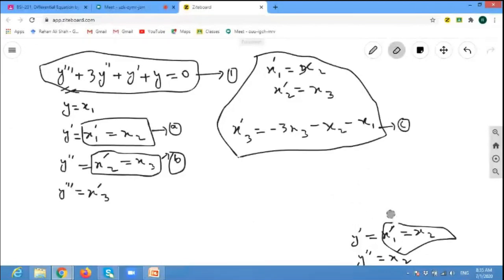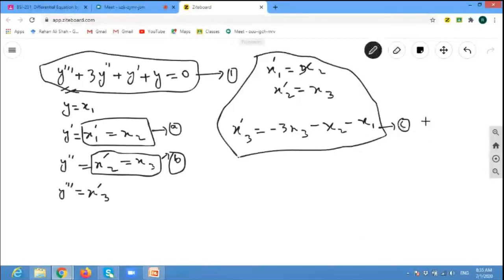So now the next question is, we can write this system in the form x dash is equal to Ax.